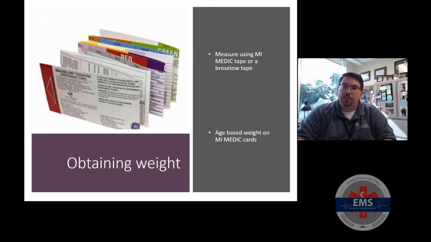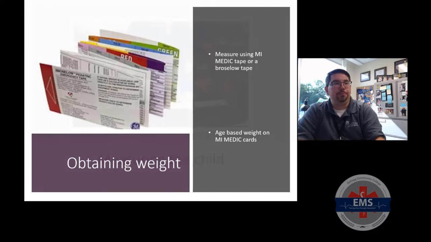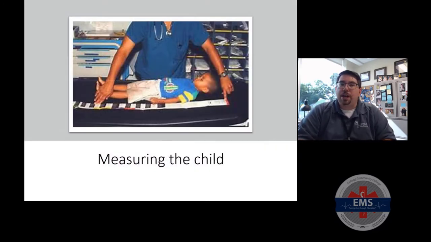This is not a fail-proof system. Sometimes children come in very large weights, but in a small package. So they may be smaller, but weigh more. So again, height is not always the best way to do that. It's always good to confer with your parents, but when in doubt, use your reference guides. That's your best bet. Obviously, we're going to measure the child.